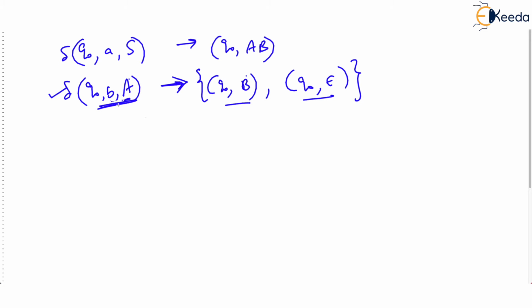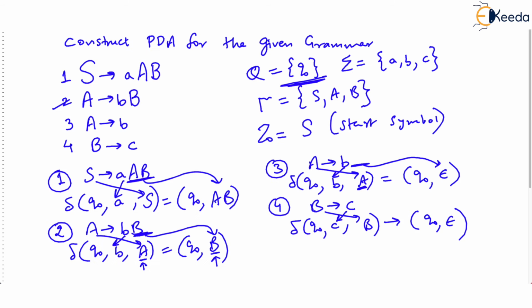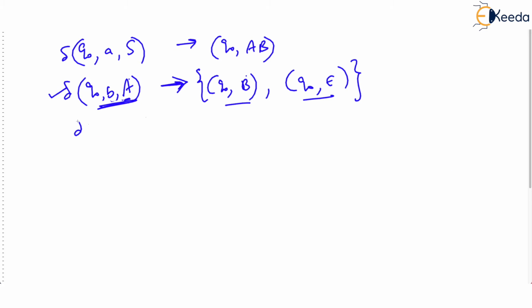This is NPDA. And one more transition that we got, the fourth one, that was Q0 C B results in Q0 epsilon. Typically, all the entries of an NPDA are shown as a set.